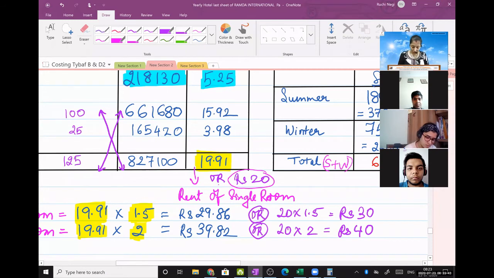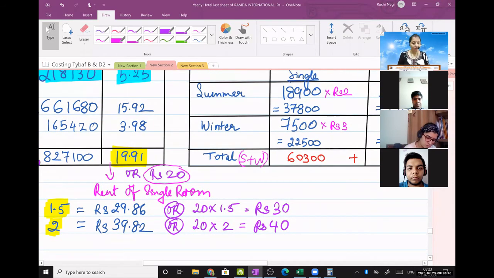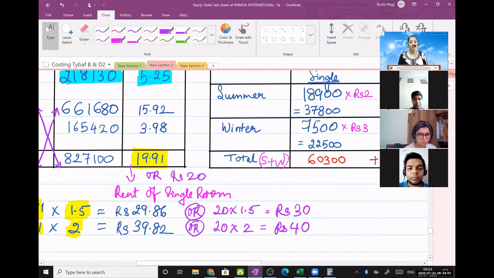Then my rent of double room will become 20 into 1.5 and 20 into 2. Is it clear? Just acknowledge it in the chat box. So both the answers are correct. Even if you keep your final answers in decimals, it is correct, or even if you round off, it is correct.